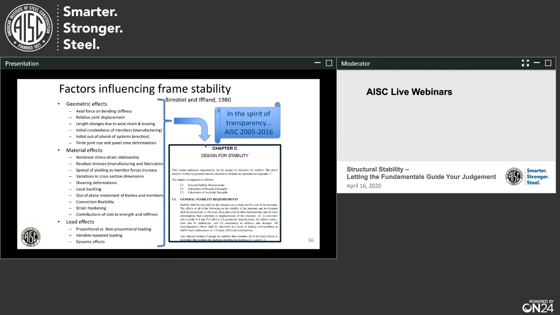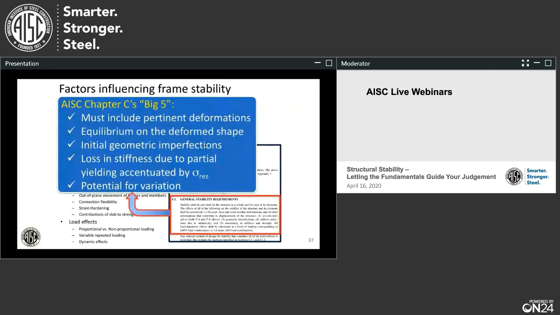So we sort of knew the behavior I was showing you in the previous slides, and then we had this laundry list of what should be included. And what we did is we revised Chapter C, and we included right at the beginning, before we talked about any stability analysis or design methods, this is what your stability analysis should account for. And it's basically what I was showing you in that previous slide.